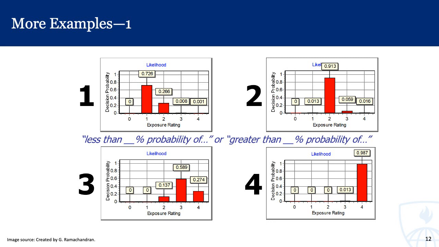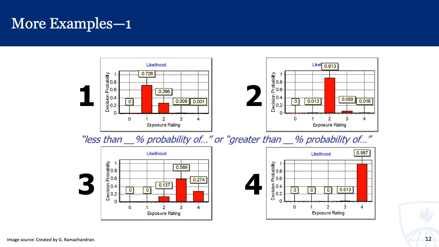So these types of decision charts are very useful to us, and they provide us a means for communicating the decision in probabilistic terms that are easily understood by experts and laypersons alike.